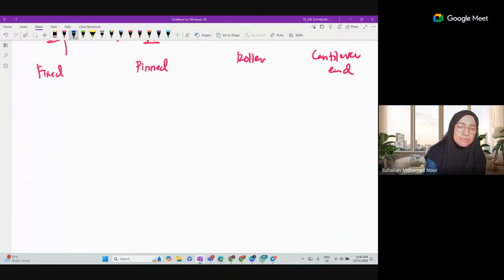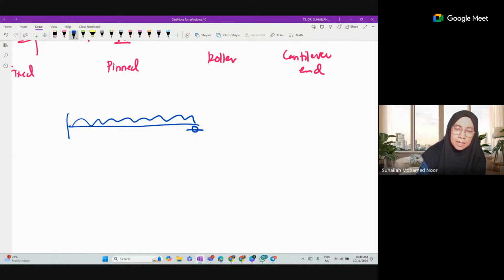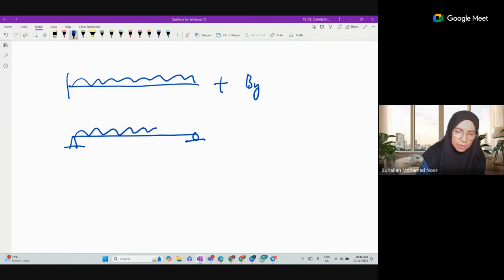So when we have this indeterminate beam, if we choose BY as redundant, we have a cantilever beam. If we choose the moment at A as redundant, we have a simply supported beam, with the loading there.